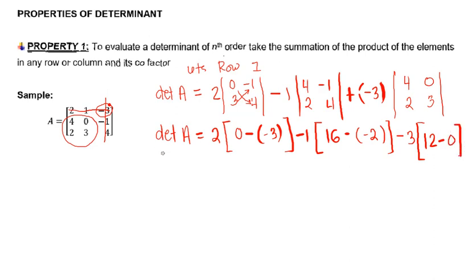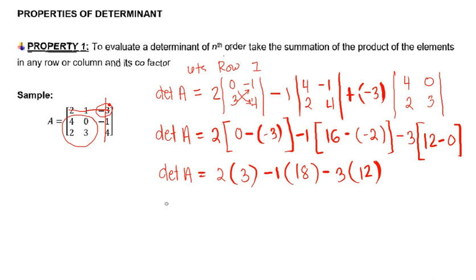So solving, our determinant A is equal to 2 times 3 minus 1 times 16 minus negative 2, that is 18, minus 3 times 12.